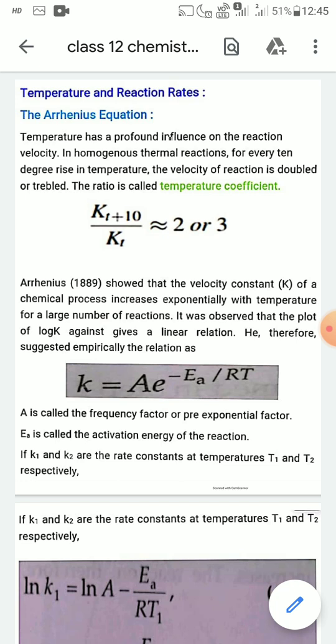Temperature has a profound influence on the reaction velocity or reaction rate.